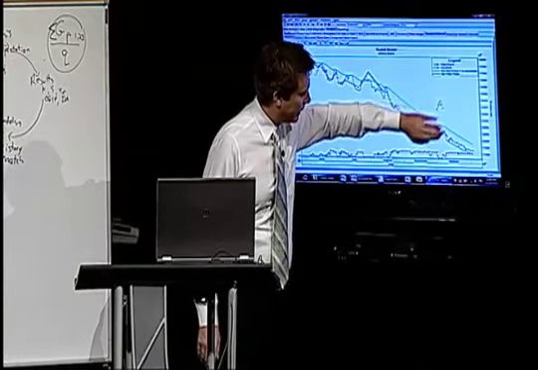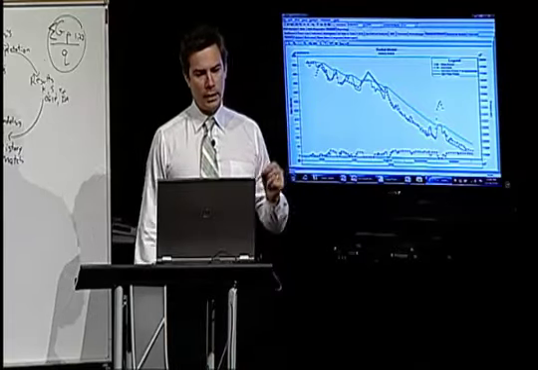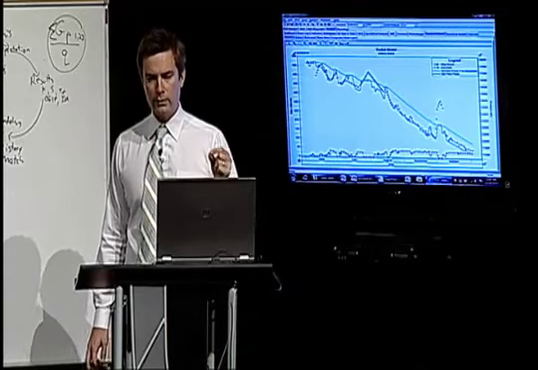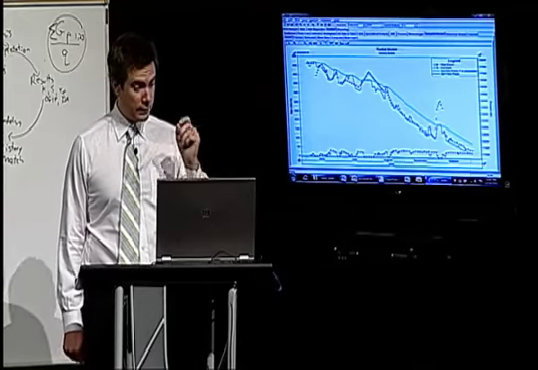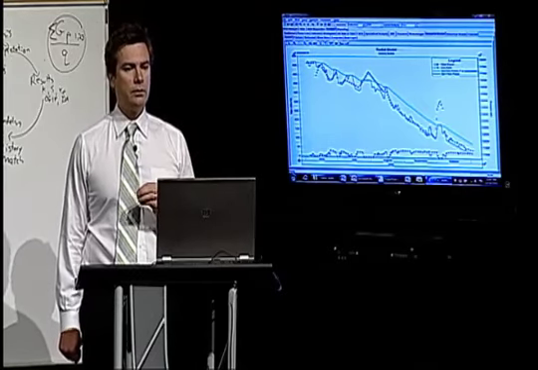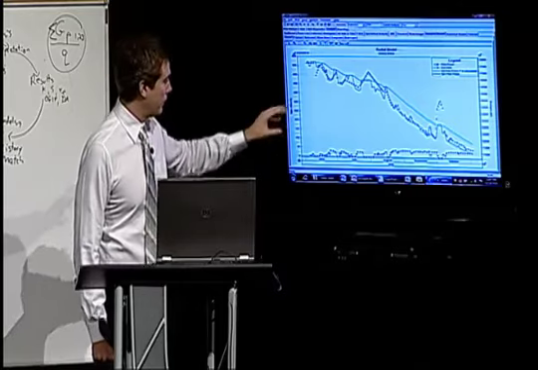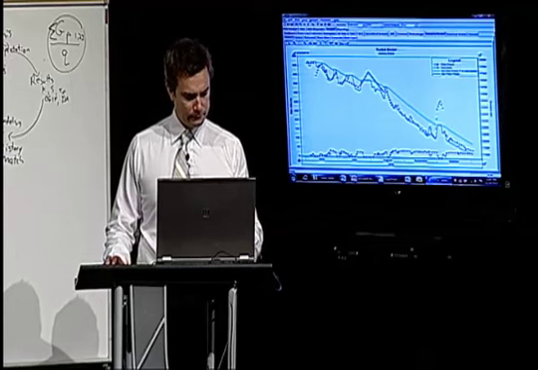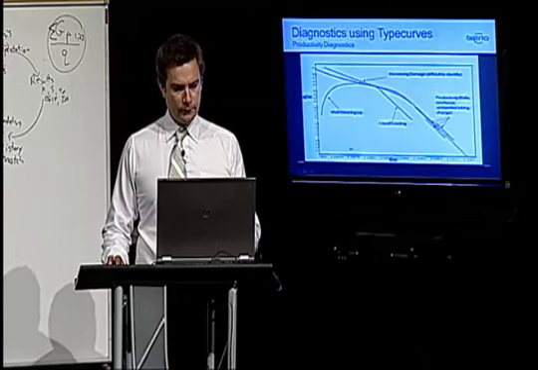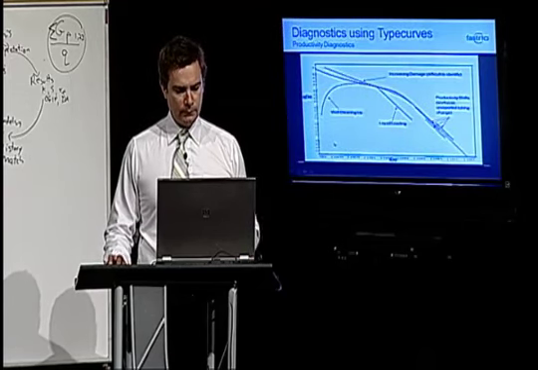If I didn't have this data, I wouldn't have been able to spot that. So the diagnostic, in this case, requires the presence of a buildup pressure. If I didn't have that, I wouldn't have been able to make that conclusion, and I would have interpreted the wrong volume in place for this reservoir. So that's the increasing damage.